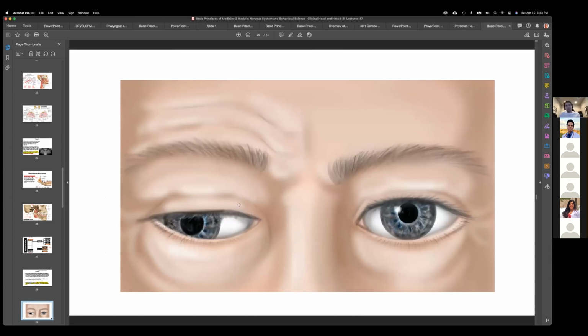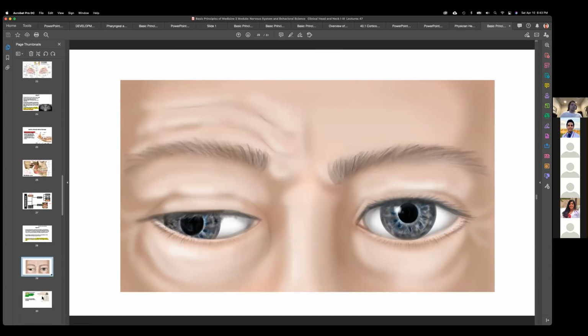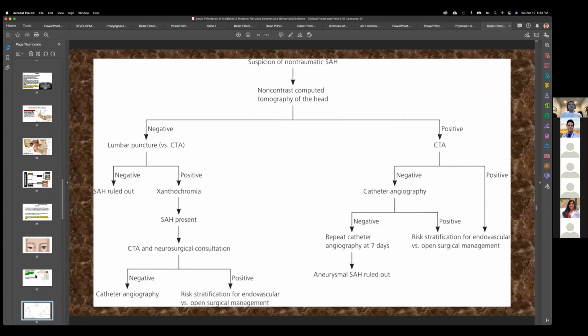Also, you're getting ptosis of the lid, that superior, what's it called? I forget. You know what I'm talking about. The little muscle that holds the eye up also travels with cranial nerve 3, the oculomotor. So if the eye's down and out, dilated, and you get unilateral ptosis, you are thinking a cranial nerve 3 problem.